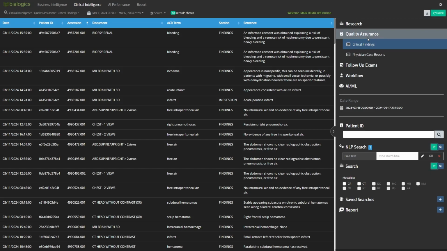And being able to provide that secondary check on all of those patients that may have been a critical finding. So this is one of the quality assurance applications. And in fact, in the next release of the software, we'll also look at things like laterality, gender mismatch, and extremity mismatch as further quality assurance applications. So that's a little bit about clinical intelligence.